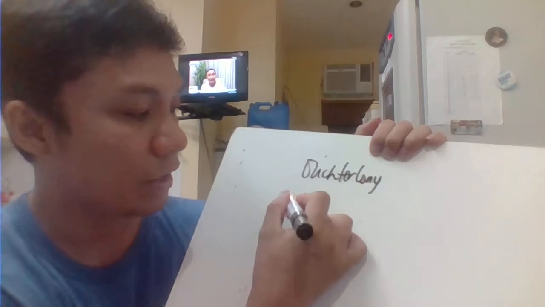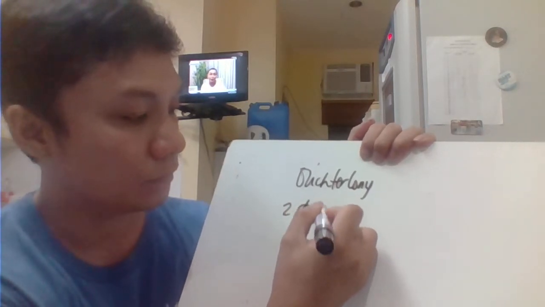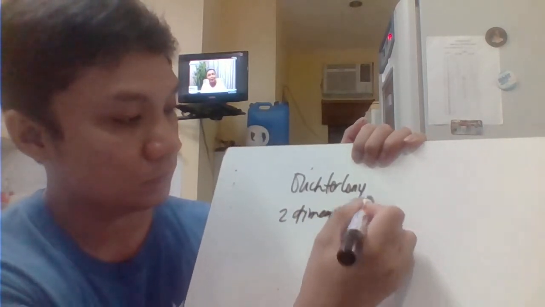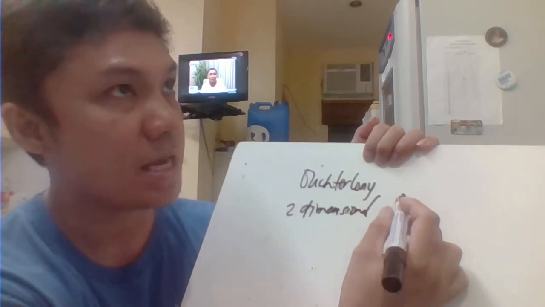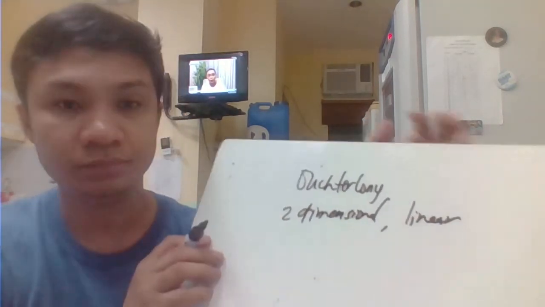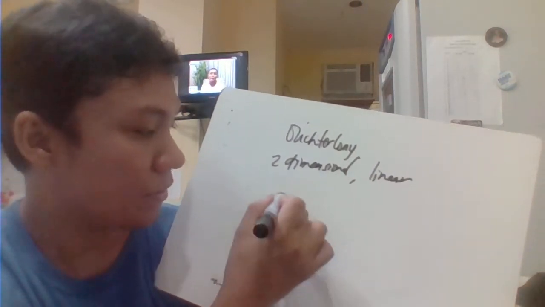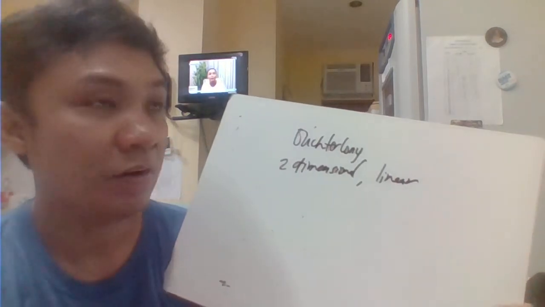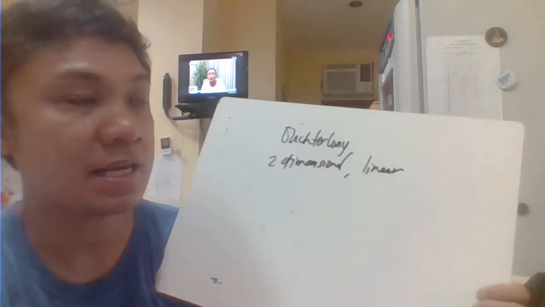Okay, so this is your two-dimensional. Okay, this one would be considered to be linear. Okay, your Ouchterlony here is being set up. So we have that. Okay, two-dimensional, and this one is linear.